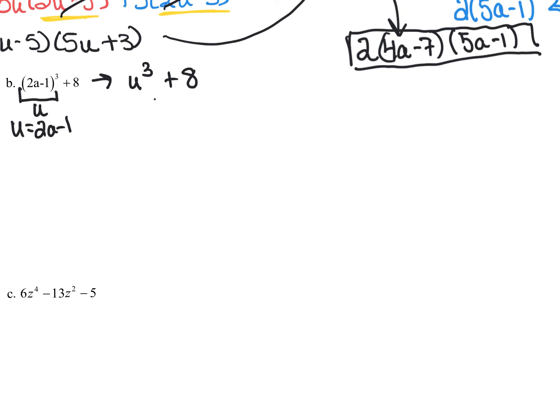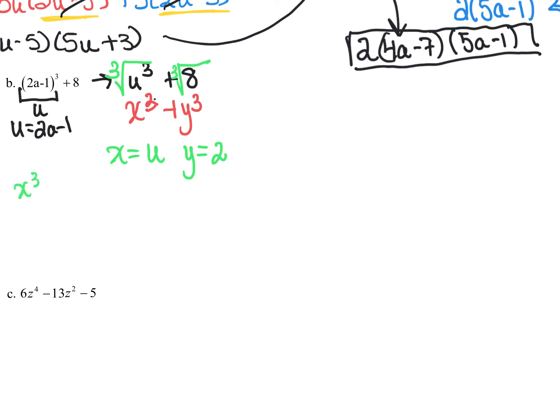This is like an x cubed plus a y cubed. So I can cube root both of these. X is going to be called u, and y, the cube root of 8, is 2. This is the sum or difference of two cubes.